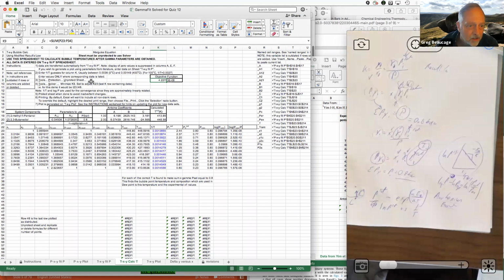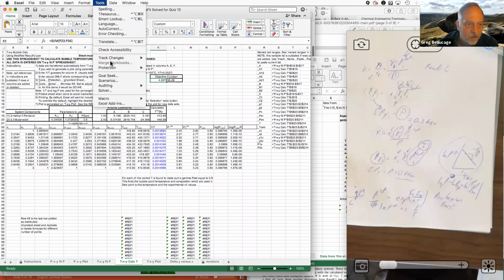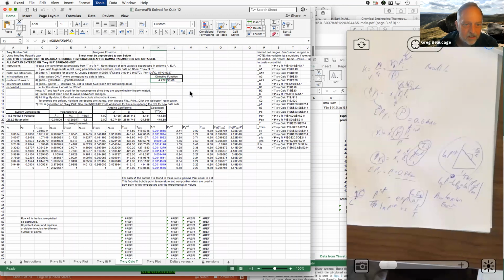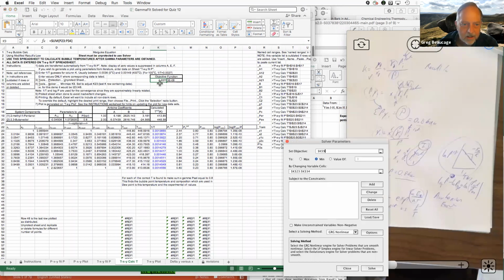He gives some hints here on what to guess. These are the variables it's going to change, and it's going to try to get this objective to 0 or to a minimum, right? So the solver routine is to take this objective, vary these 1 over T's, and get it as low as you can, so a minimum.